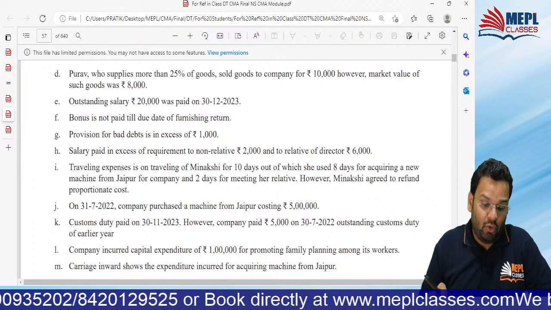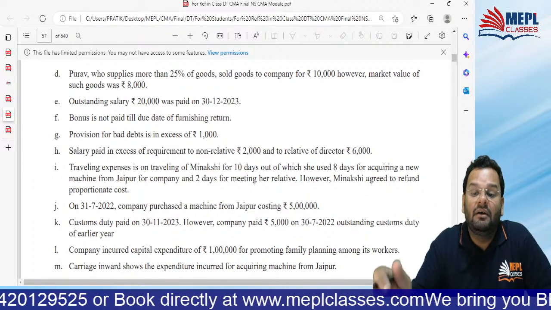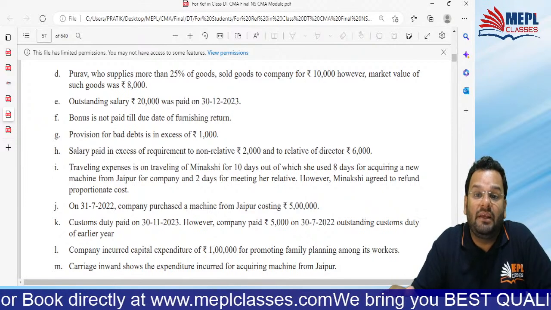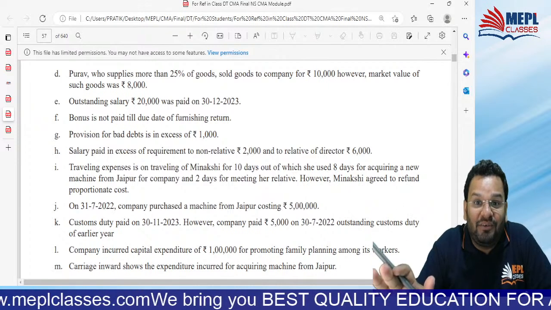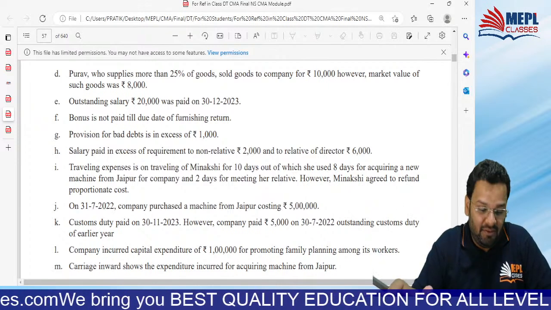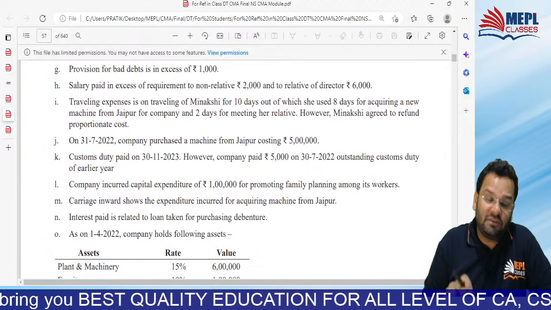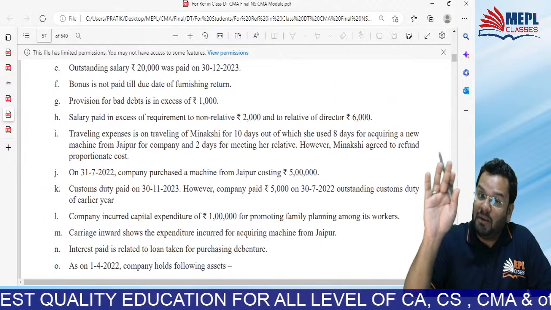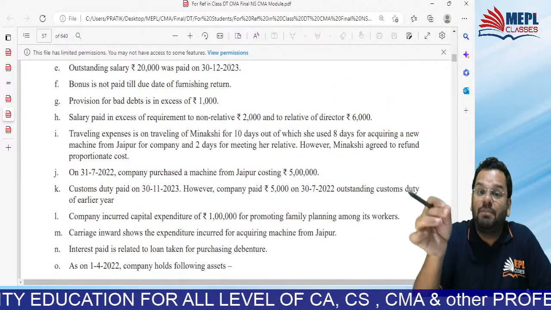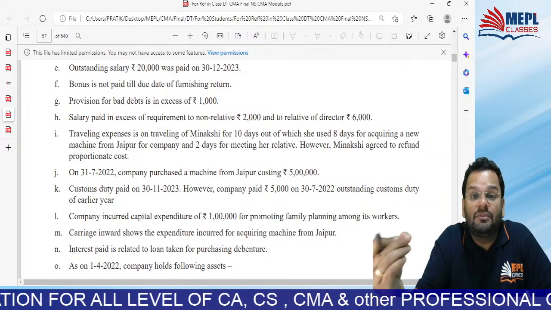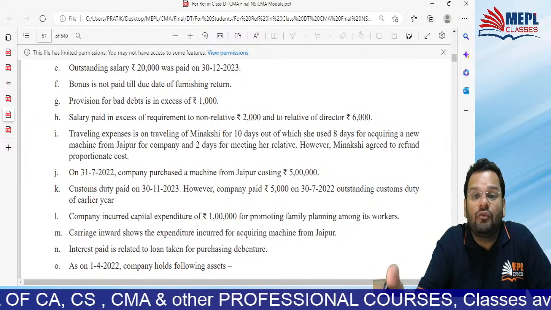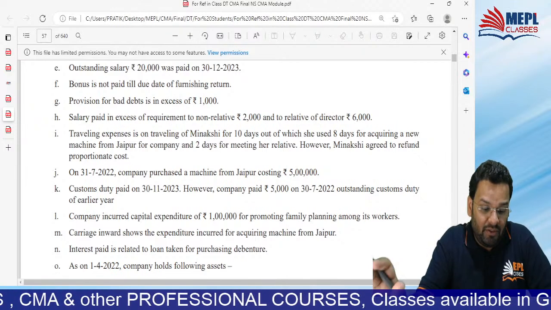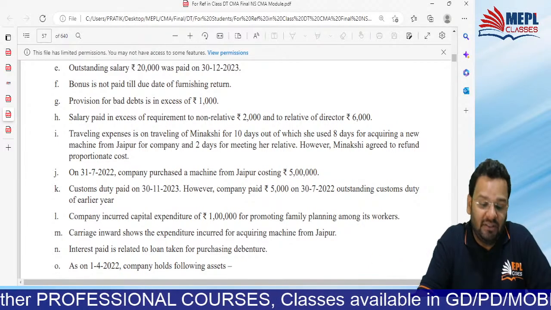So, outstanding salary paid after due date of filing income tax return. Salary is not covered in that 43B. 43B covers payment to employees, but in that, it covers bonus, commission, and contributions on behalf of employees to various funds. It doesn't cover salary, so neglect it.